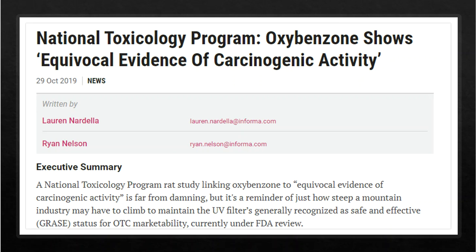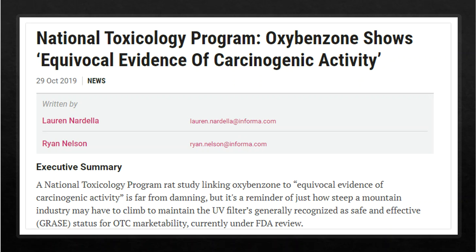Carcinogenic means cancer. What? Read the summary. An NTP rat study linked oxybenzone to equivocal evidence of carcinogenic activity.